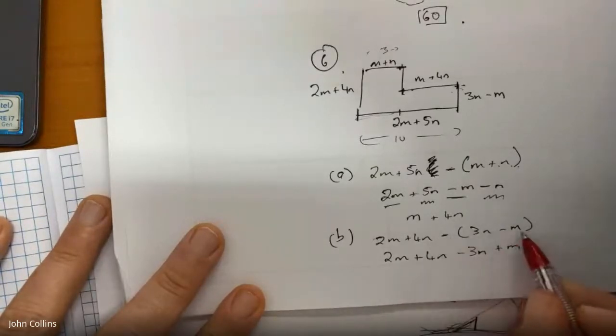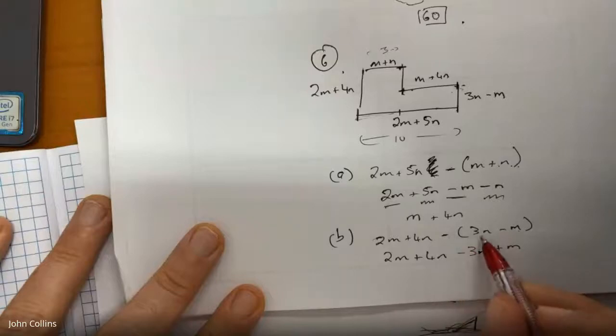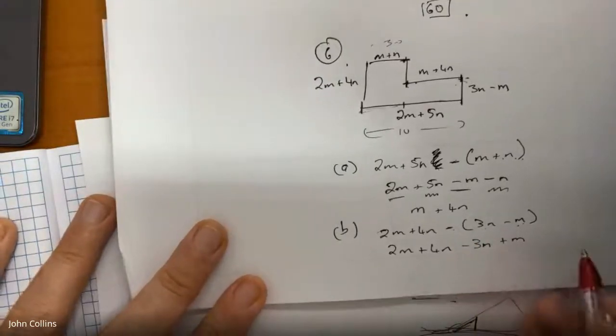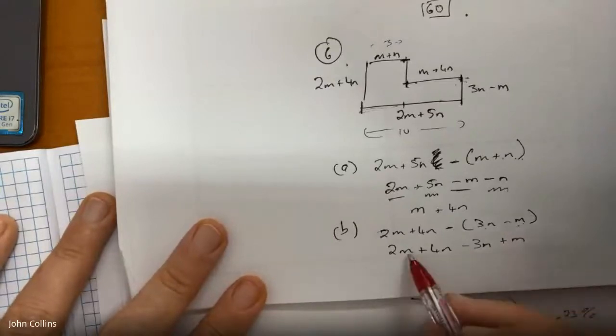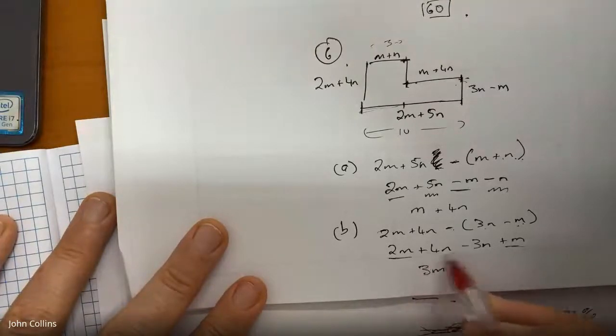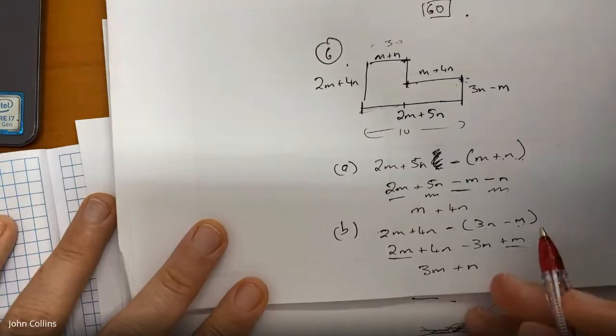So a minus minus here becomes a plus. Minus that and minus this, which is already negative. So that double negative makes it positive. All right, like terms, 2m plus an m is 3m, and 4n minus 3n. So 4 of them take away 3, there's only one of them left, or just n left.